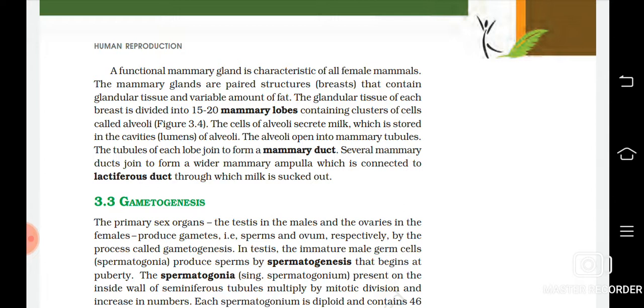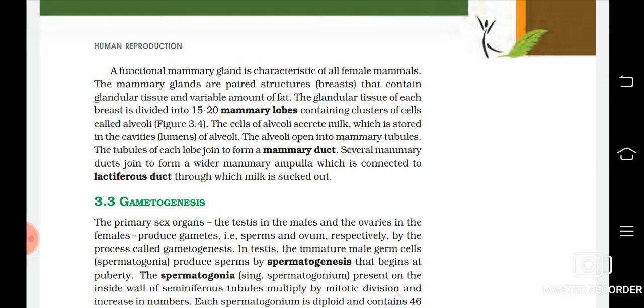Okay, and then each glandular tissue is divided into many, that is around 15 to 20 mammary lobes, containing clusters of cells called alveoli. And these alveoli are present in what? Mammary lobes.